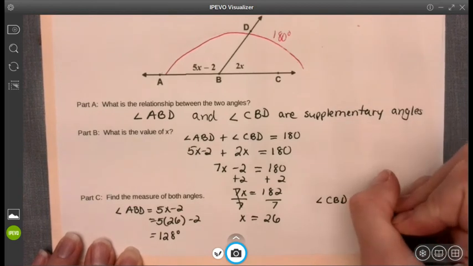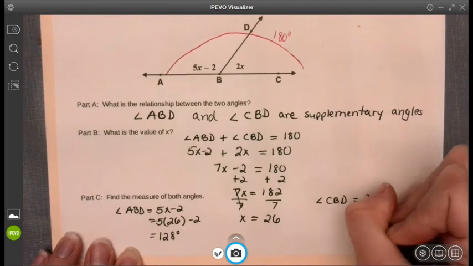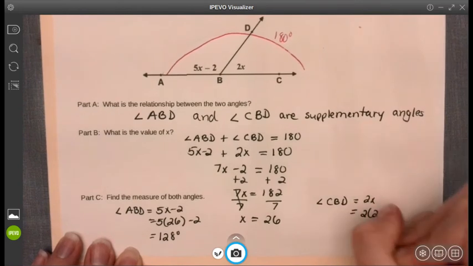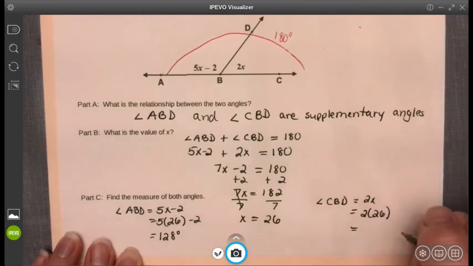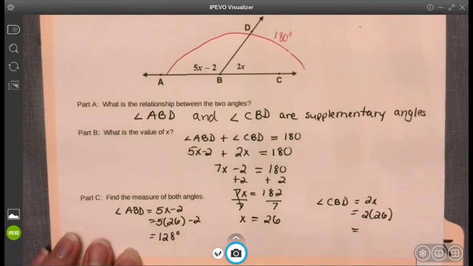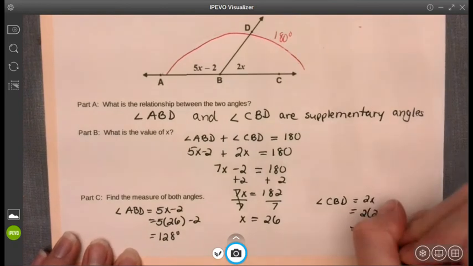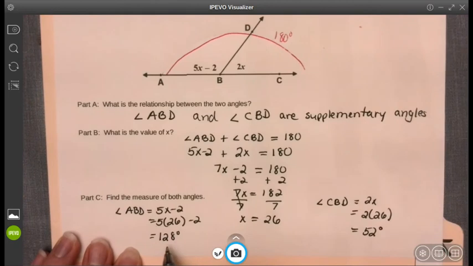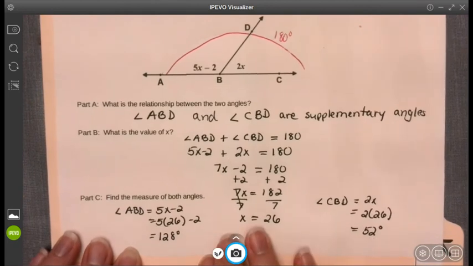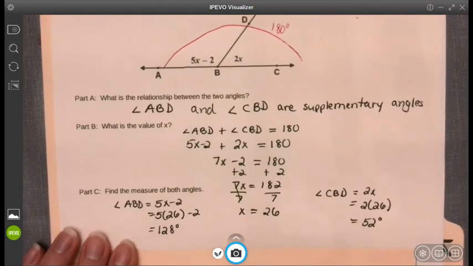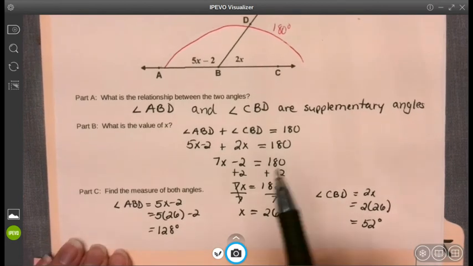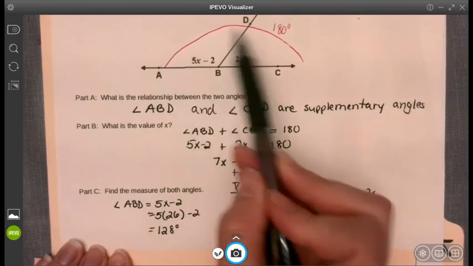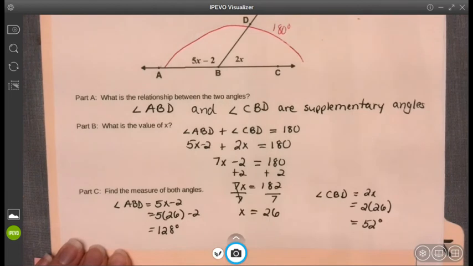So CBD was 2x, so I'm going to substitute 26 in place of the x. So 2 times 26 is going to give me 52. And then just to double check, is 128 plus 52 180? Yes, it is. So I know that my math is correct. But it all comes back to knowing that these two angles together are supplementary and add up to 180.